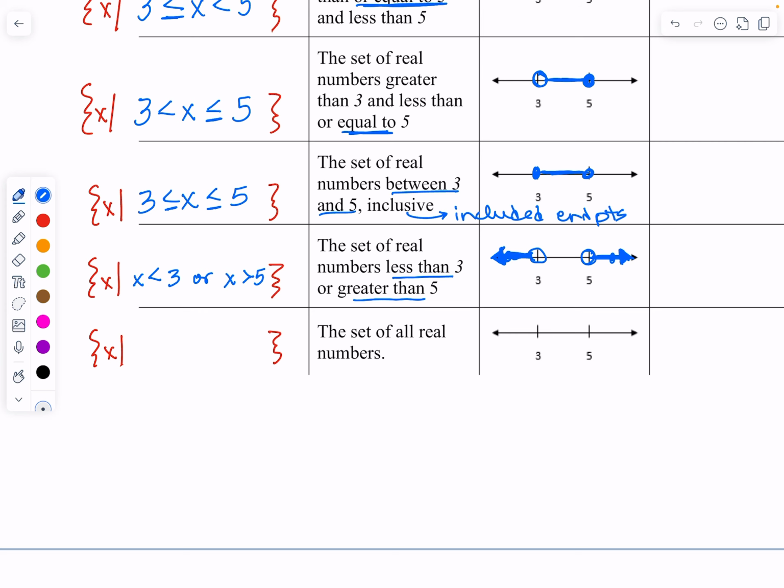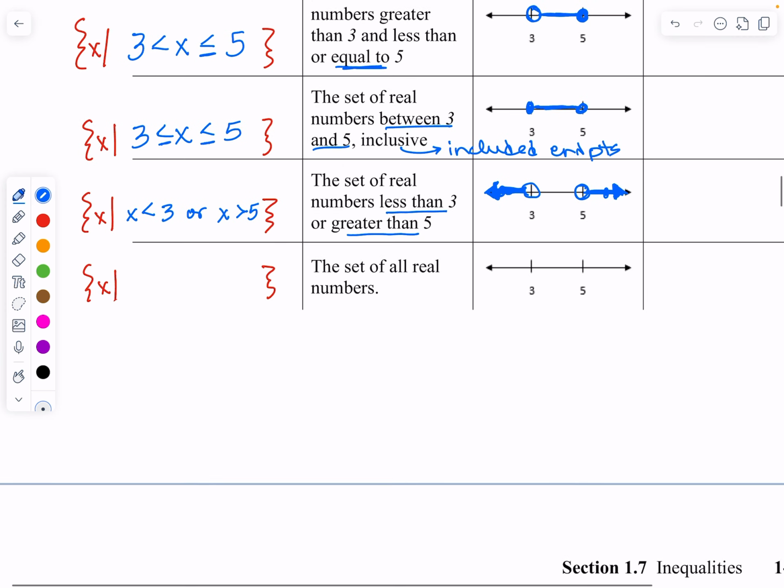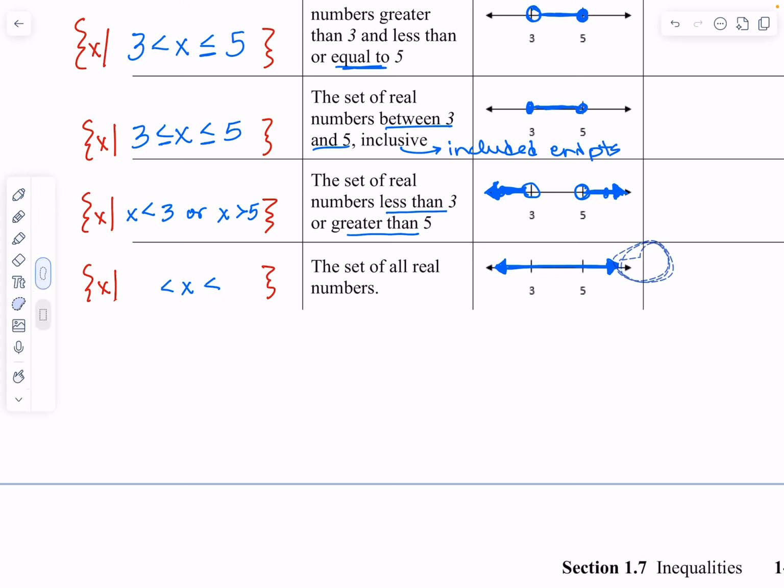All right, now one more. The set of all real numbers. Notice it didn't say less than anything, greater than anything. That's everything. Everything here. So how would we write that in set builder notation? Well, X is going to be in between things again, but the things are as far to the right as you can go.